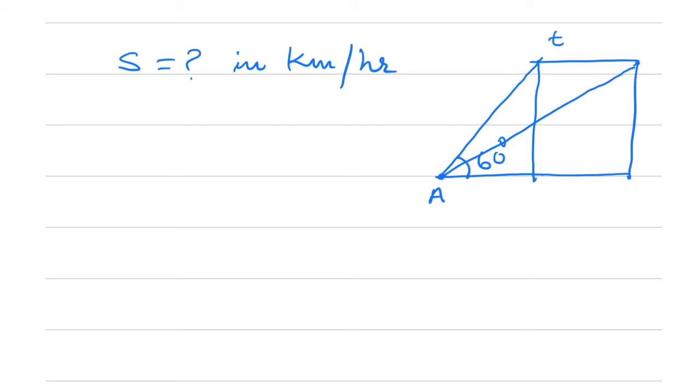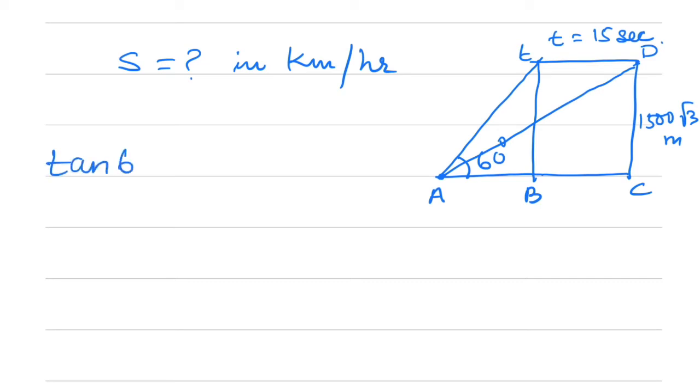So time here is 15 seconds and this height is 1500 root 3 meters. Let's name all the vertices A, B, C, D and E. We basically have to find the distance BC because we know the time here and we can find out the speed with that.